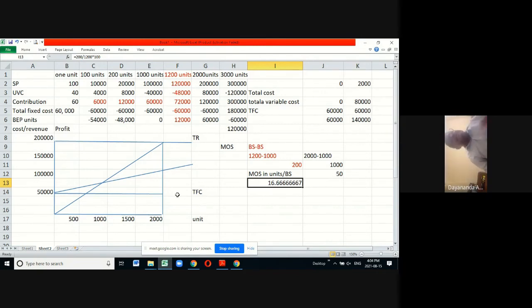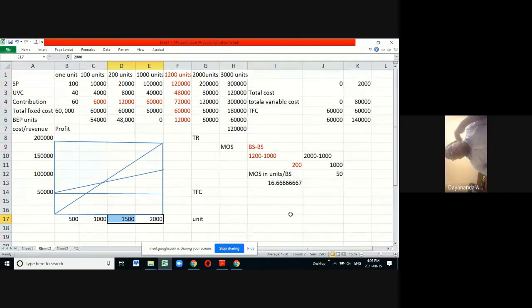So what is the meaning of the budgeted sales and the margin of safety? Margin of safety means, if your sales decrease by a particular percentage, what would happen to the break-even?